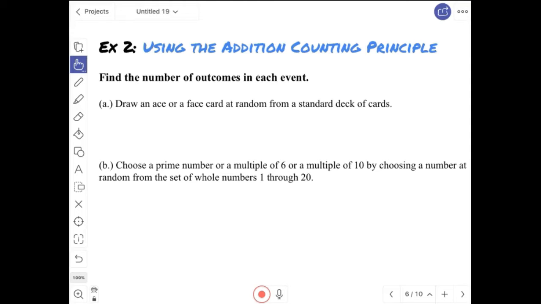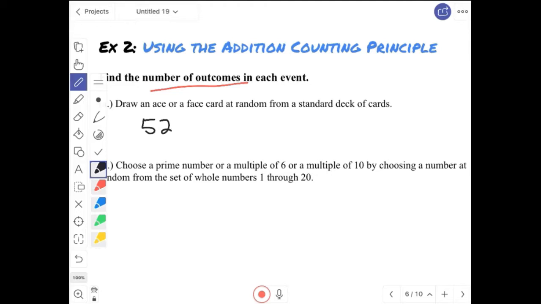Okay, so using the addition counting principle, we want to find the number of outcomes in each event. So we're looking at just a number. Number of outcomes just gives us a number. So we want to find the outcomes if we draw an ace or a face card at random from a standard deck of cards. So in a standard deck of cards, there are 52 cards, okay? Now, if we draw an ace, there are 4 different aces. There's diamonds, hearts, spades, or clubs.